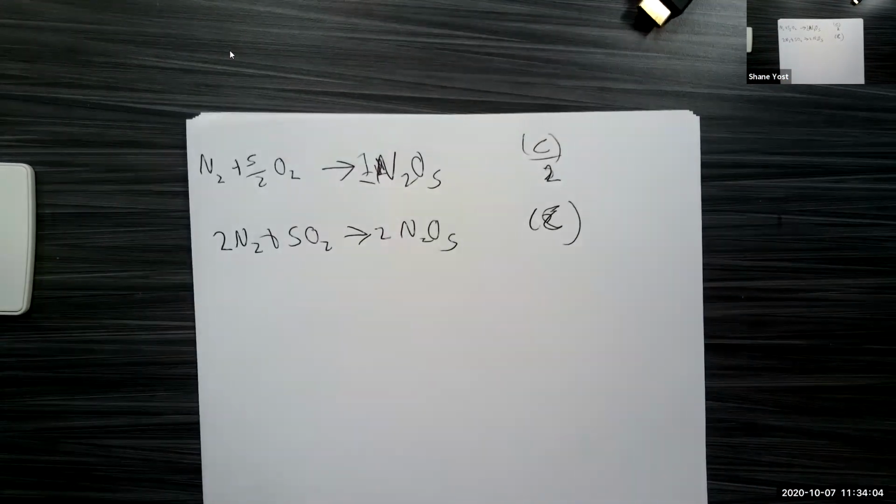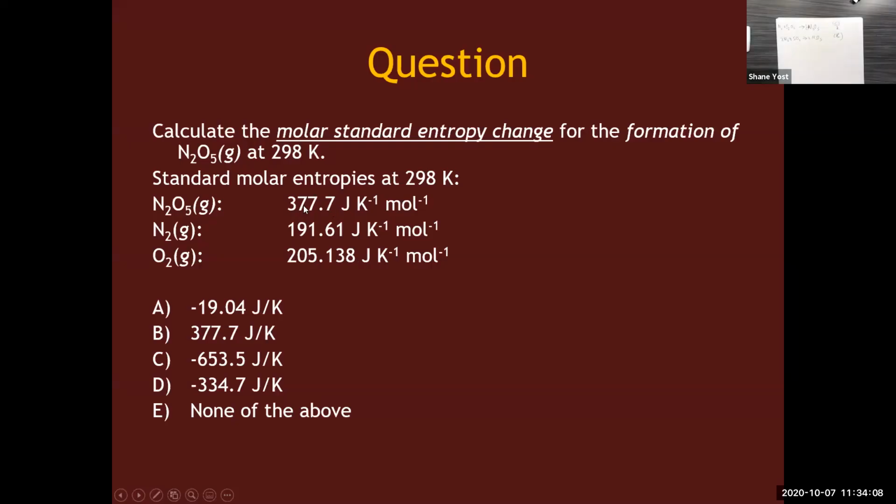You get that by taking 377.7 minus 191.61 minus 5 halves times 205.138, again divided by 2.